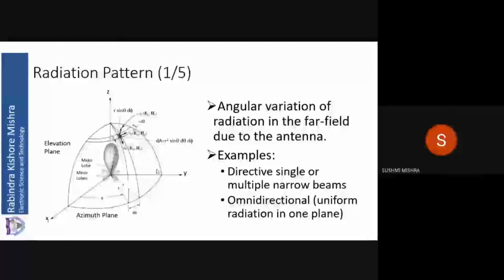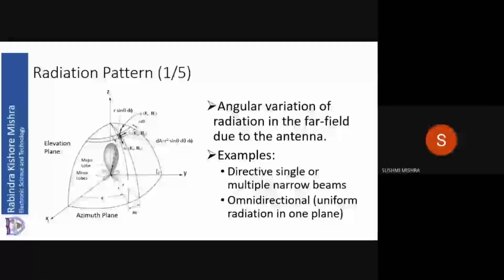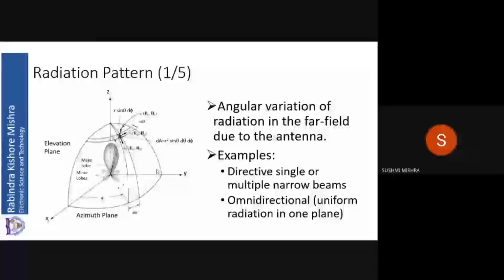Similarly, from Z, if I am coming towards the XY plane, I call that angle the theta angle. All planes containing the Z axis are called elevation planes, which means the elevation plane is perpendicular to the azimuth plane. Why do I call it the elevation plane?